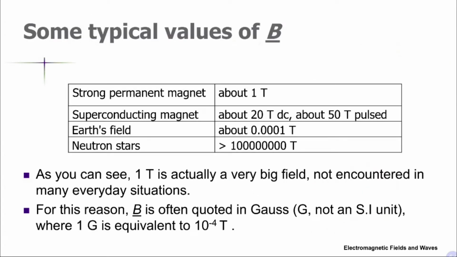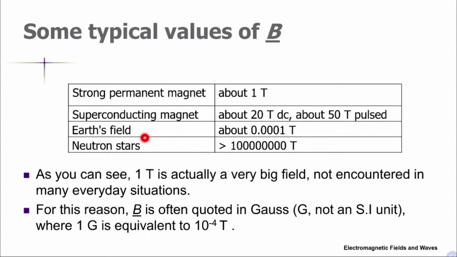A typical value of magnetic flux density for strong permanent magnets is about 1 Tesla. Superconducting magnets can go up to 20 Tesla in DC and up to 50 Tesla if we use a pulse.